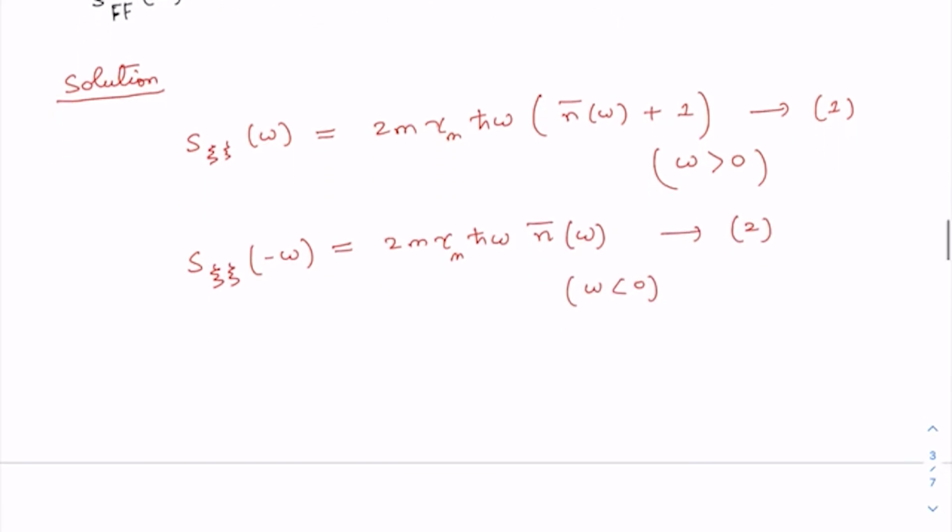Now here the Langevin noise operator xi takes the role of the bath operator f, as explained in the previous problem.